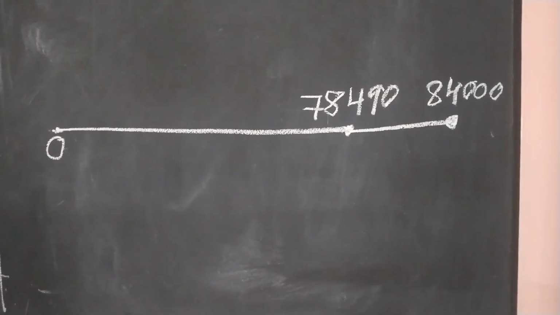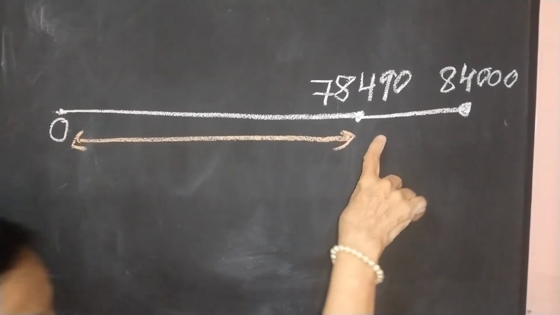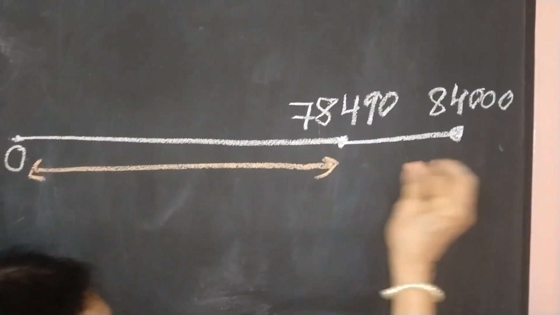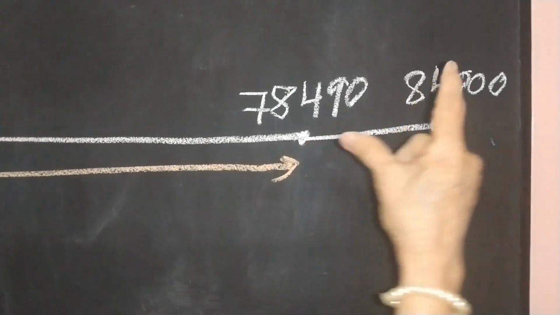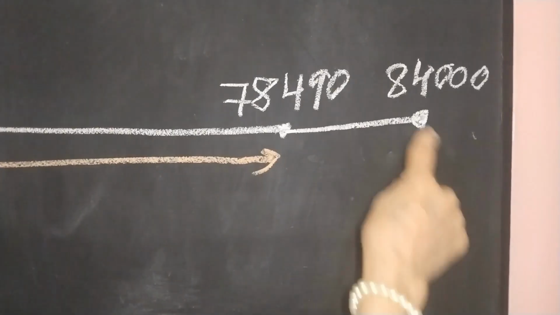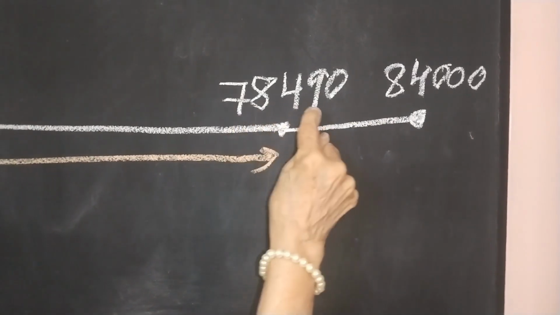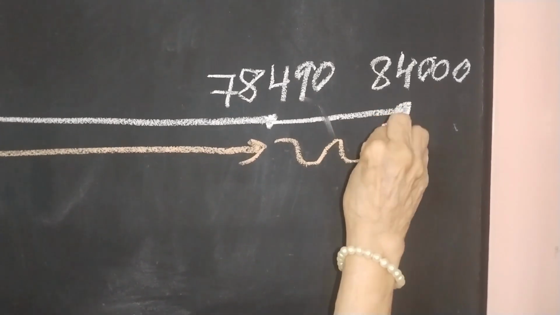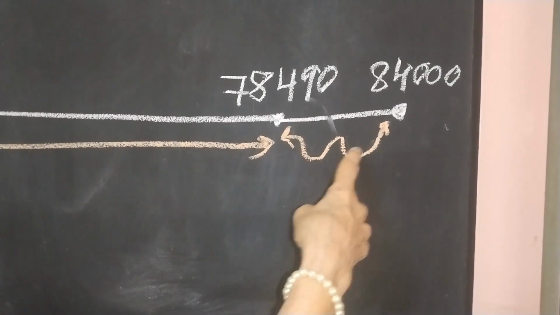So our expectation was only this much. And this much came as a surprise to us. And hence, we will have to take out only this part. That means it will be a sum or example of subtraction. We will have to subtract from 84,000 this previous amount, which is going to give us this part, which shows that parents were generous to give this much more.